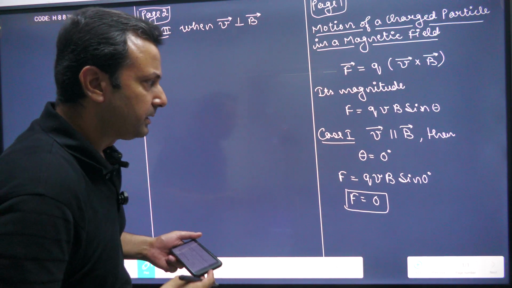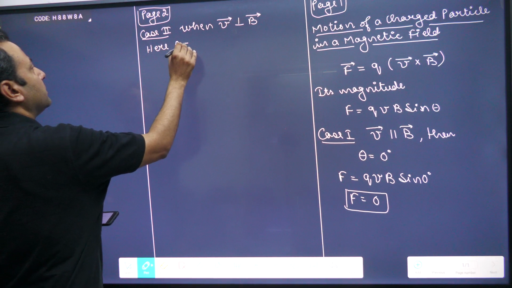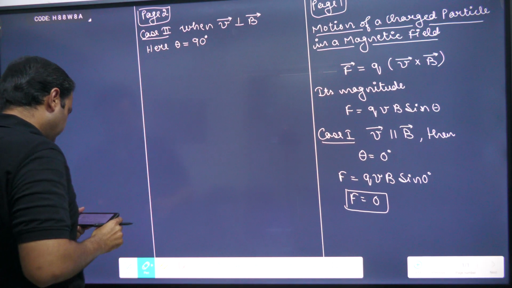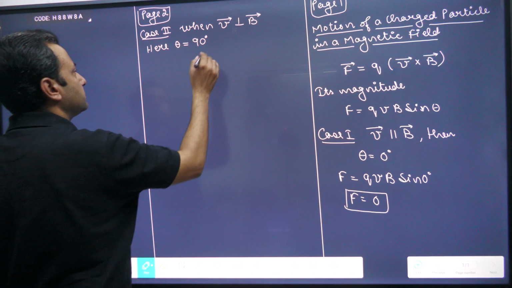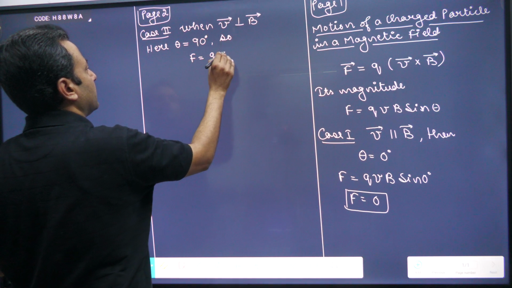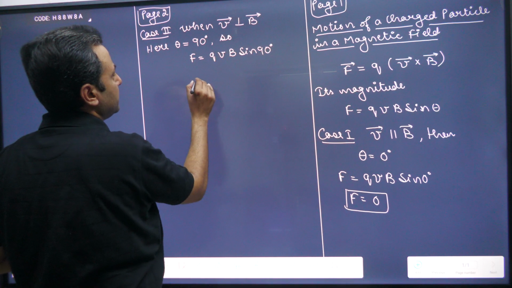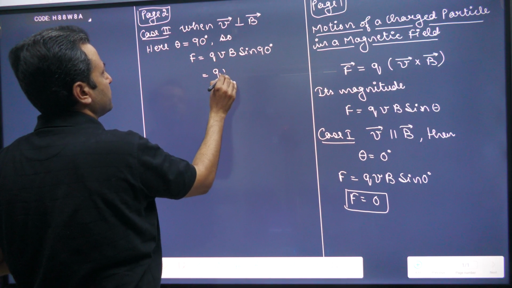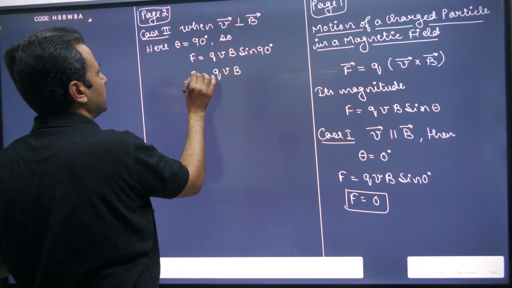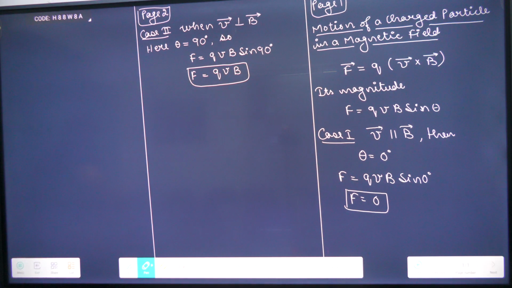Here theta is equal to 90 degree. So F is equal to qvB sine 90 degree, and sine 90 degree is 1, so F is equal to qvB. Force is equal to qvB.